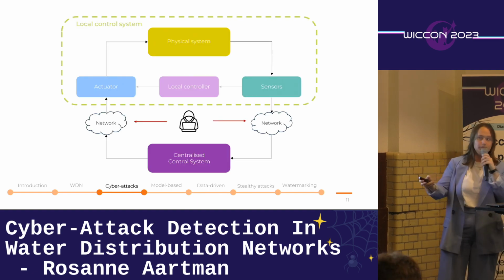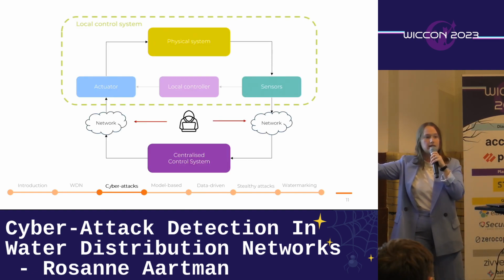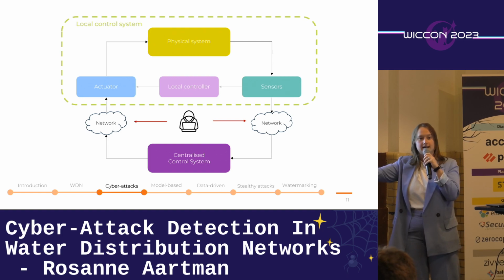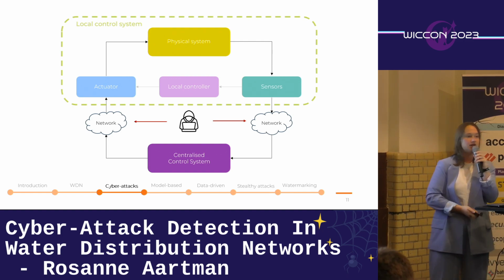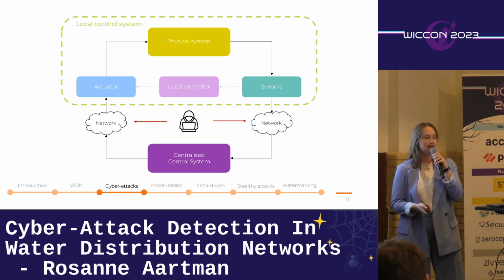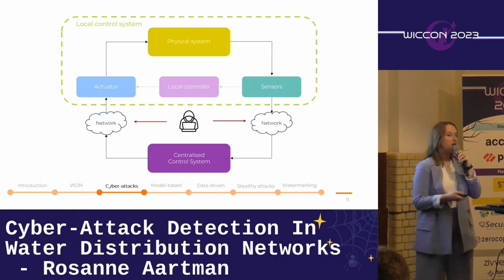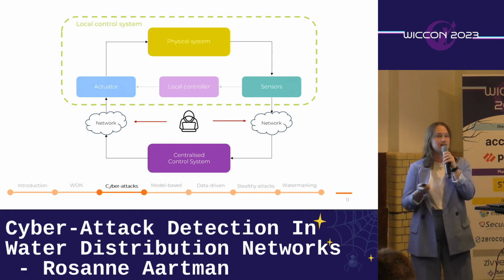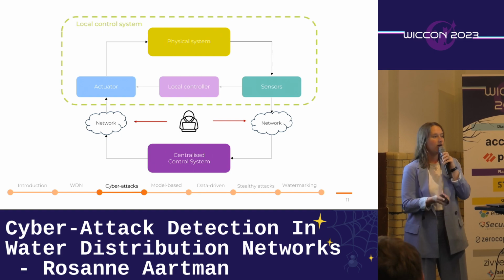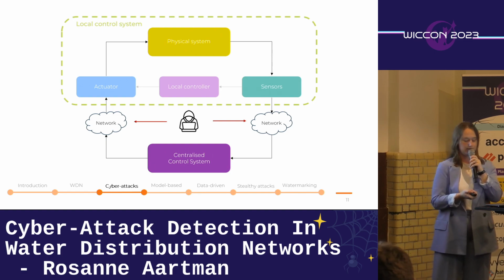So, some attacks that could happen are man-in-the-middle attacks, rerouting attacks, which can lead to false data injections or replay attacks. Now I'm going to give you some examples of what consequences these effects can have on our physical system.